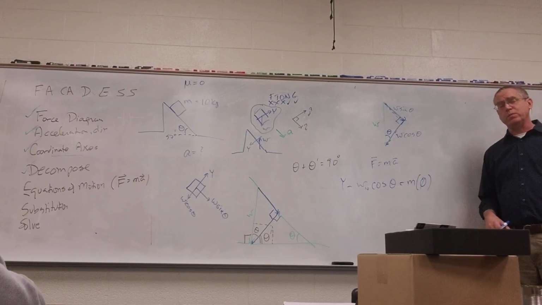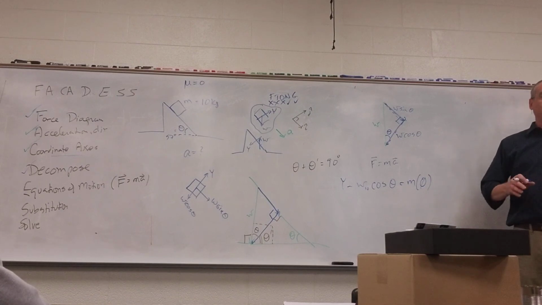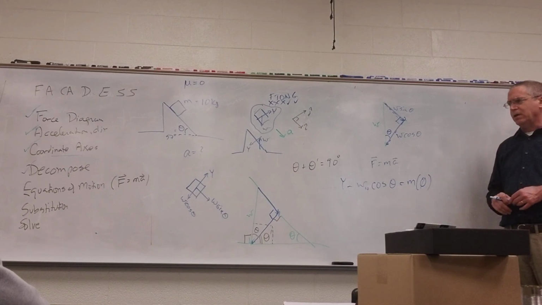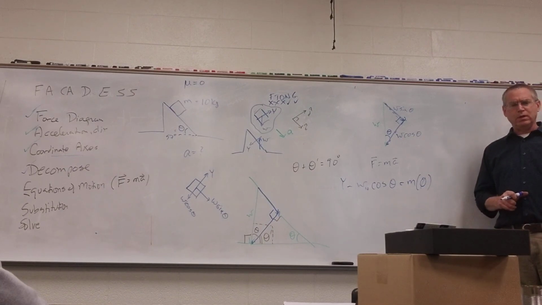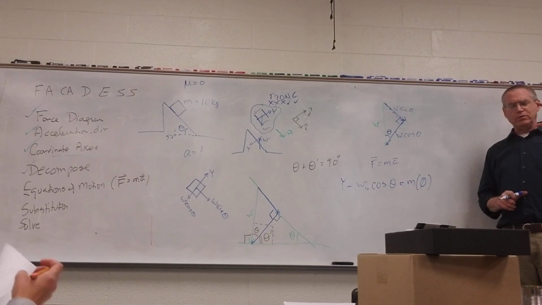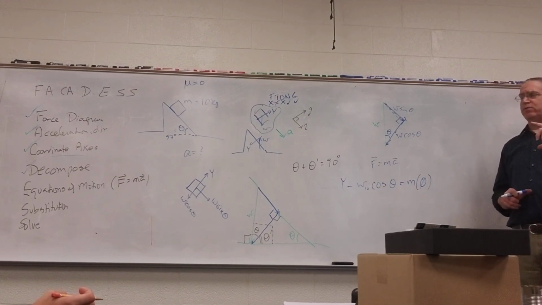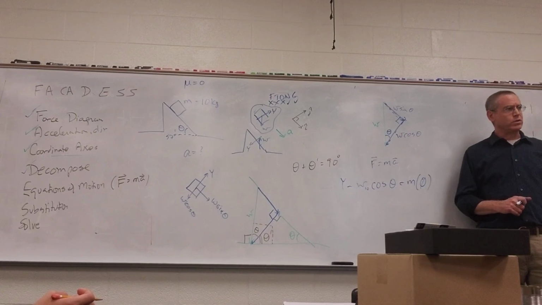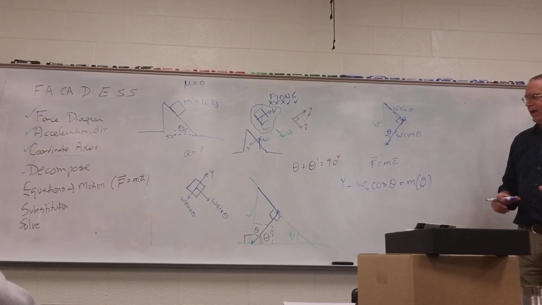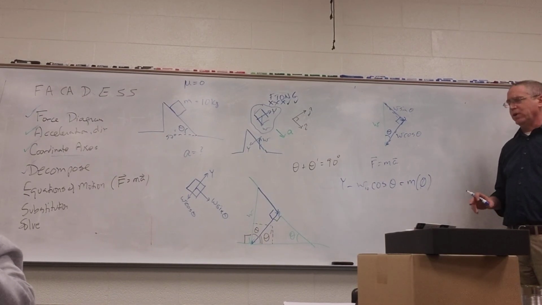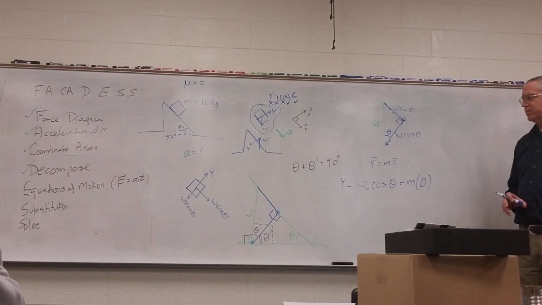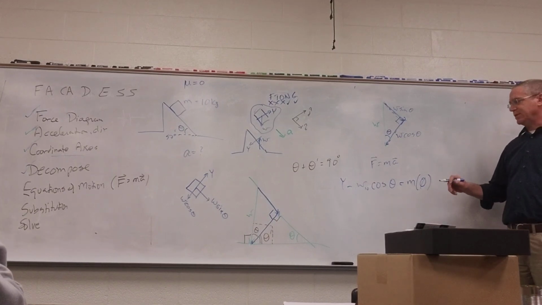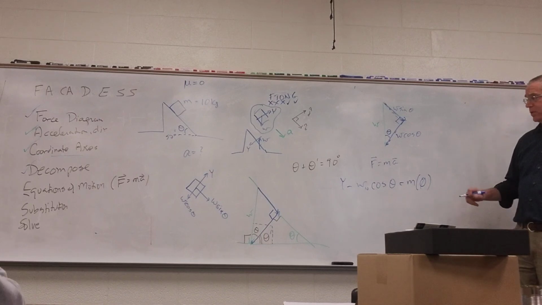When you do the equations of motion, if one of the equations is not equal to 0, you actually have to solve for acceleration. There's a problem I've done on a number of tests where I gave you the force diagram and asked you to come up with the equations of motion. That's a situation where you might have different accelerations, where one of them is not equal to 0. But for what we're trying to solve, the acceleration, you can pretty much be sure 99% of the time one of the equations is equal to 0.